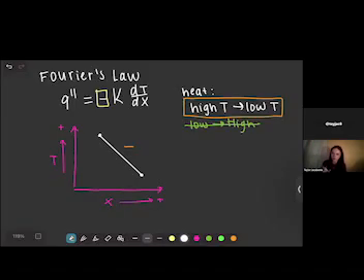Let me show you a better image. If we go from 1 meter to 2 meters and say this is 100 Celsius and this is 200, that would show you that we need to go from a high temperature to a low temperature, because heat flows from high to low.